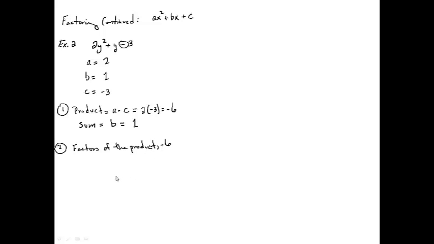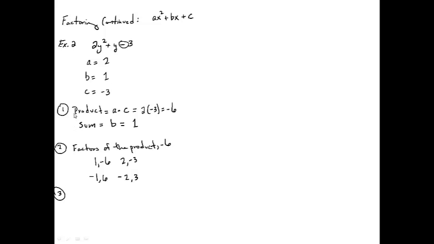Let's write out all the factors. I like starting with 1, so 1 comma -6, -1 comma 6, what else? 2 comma -3, and -2 comma 3. Any other ones? No. Good.